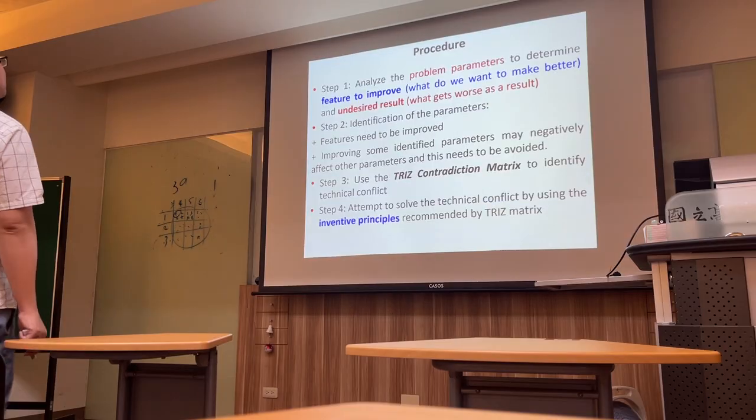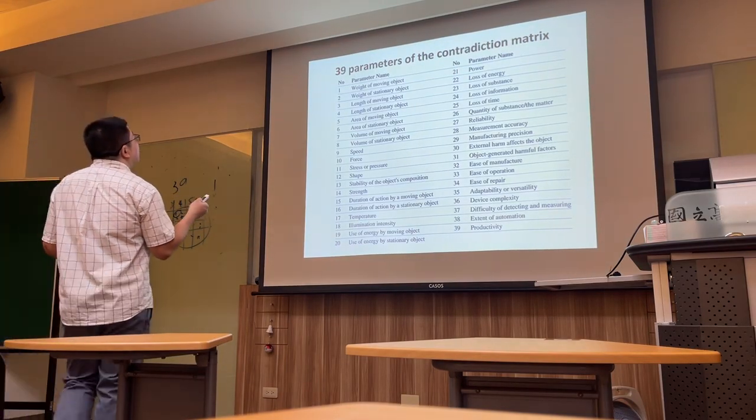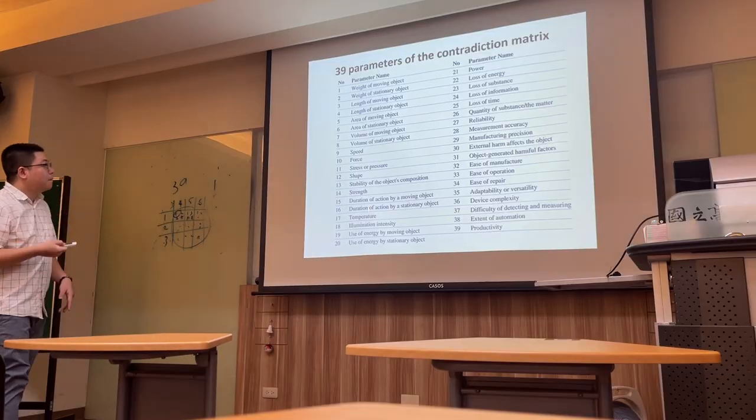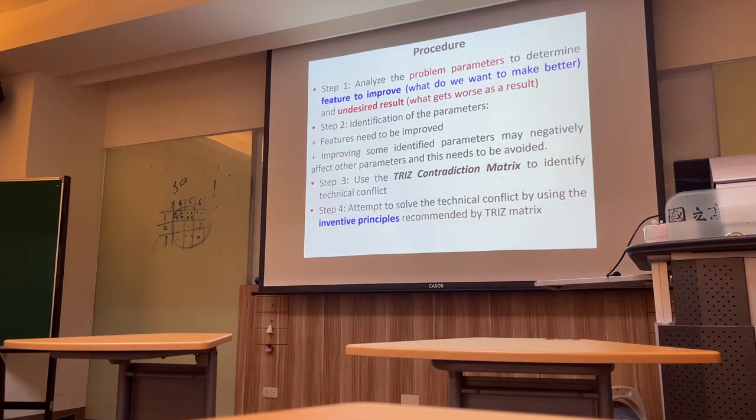Here are the 39 parameters. What you need to do is identify the problem parameter to determine the feature to improve and the undesired result. Do you understand the first step?